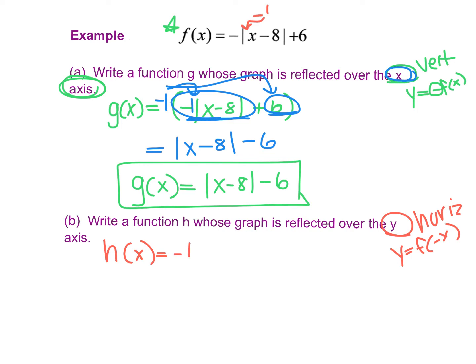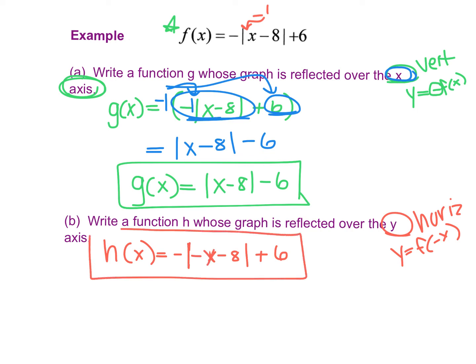So the rest of the function stays the same. And remember, if you don't like sticking that negative 1 in front of the x, you can also just write negative x, and that would work as well. So again, notice the slight differences. An x-axis flip, you multiply all of the outputs. A y-axis flip, you multiply just the x value, the inputs.